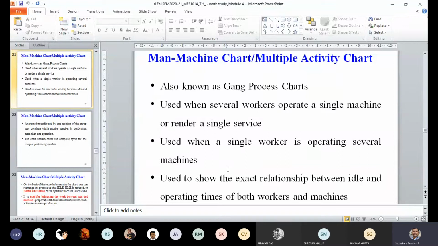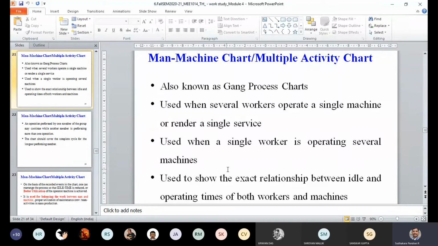He is taking care of all these operations in different lathes, lathe number 1, lathe number 2, lathe number 3, lathe number 4, but only one operator. So how will you make the chart for this example? That is what we are going to discuss in the man-machine chart or multiple activity chart.